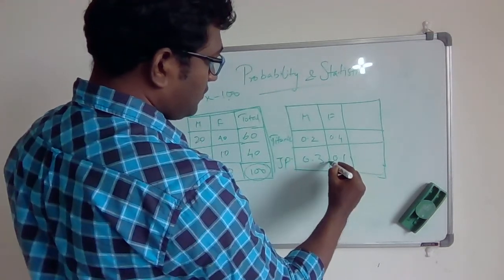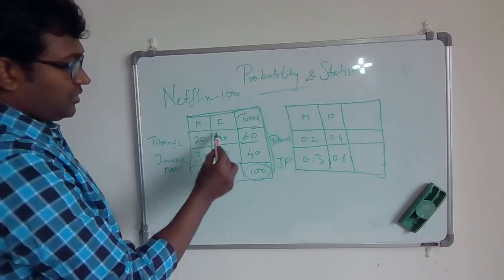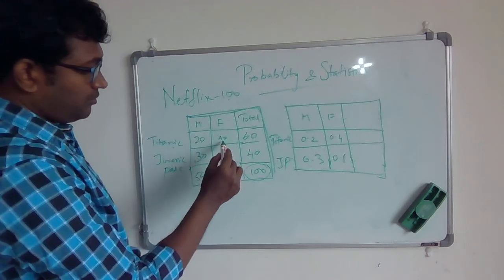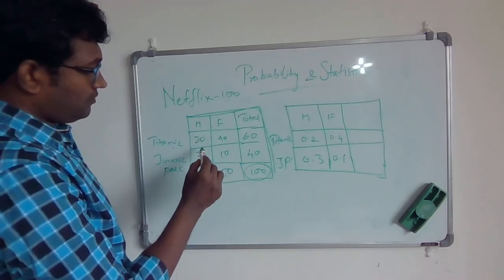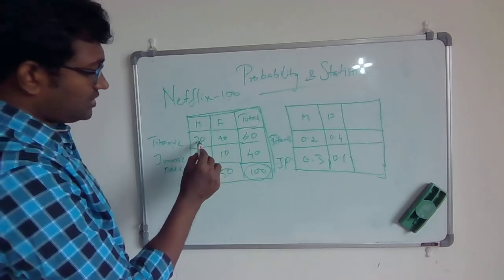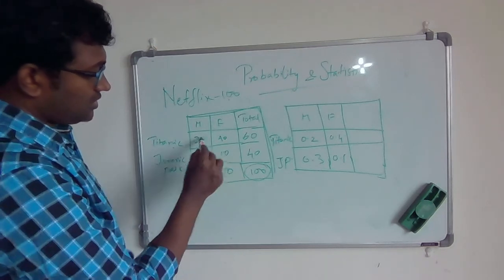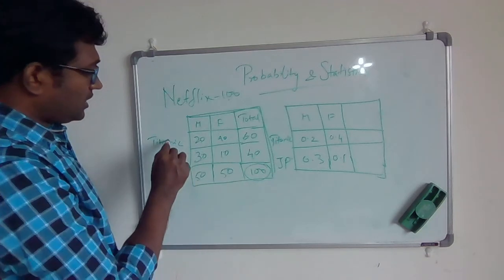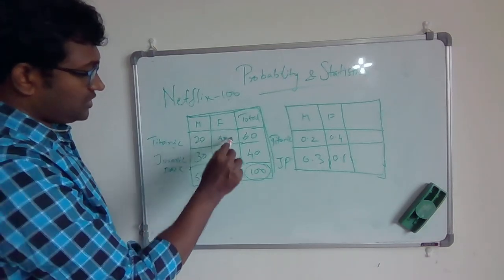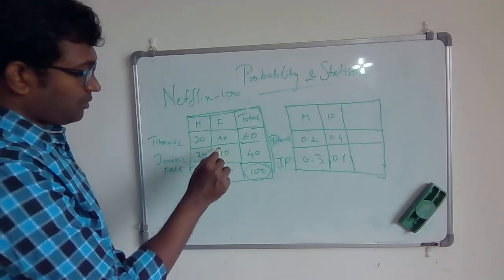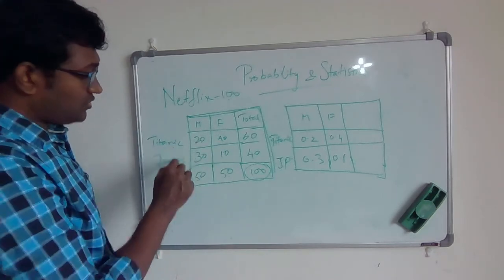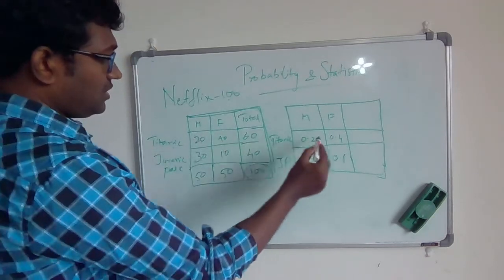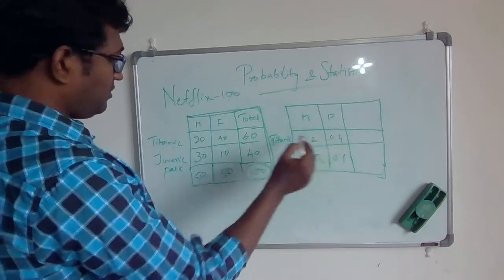Now, if you see here, I have taken the total number of people and the movies, like 40, 60, 70, 80, 90, 100. So this is the total population of the people, and there are only two movies, across which they have distributed their preferences. 20% of the males watched Titanic, 40% of the females watched Titanic.